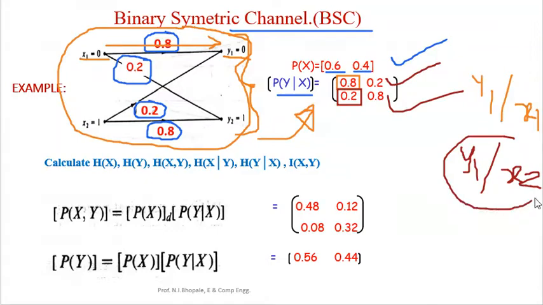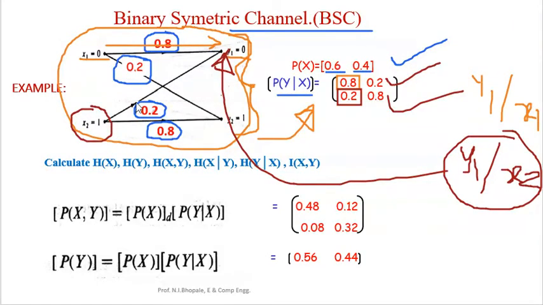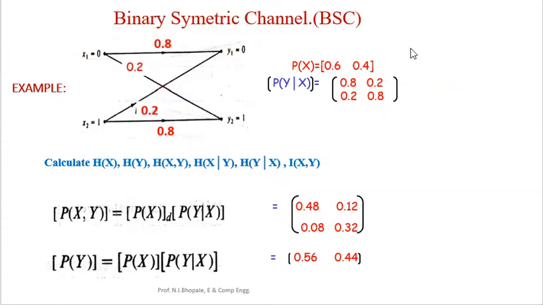Let's check y1 given x2 from this figure itself. When y1 is this output and x2 is this input, for this particular line 0.2 is the value, so I have written 0.2. This is why we have written these values, and since there are two inputs and two outputs, a total of 4 values will be there for p of y given x.